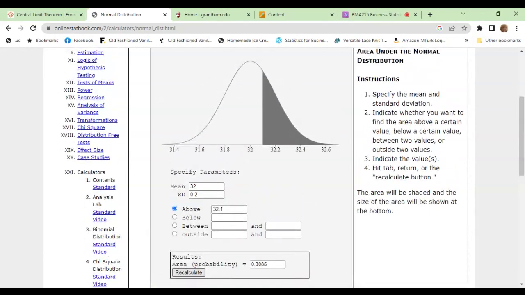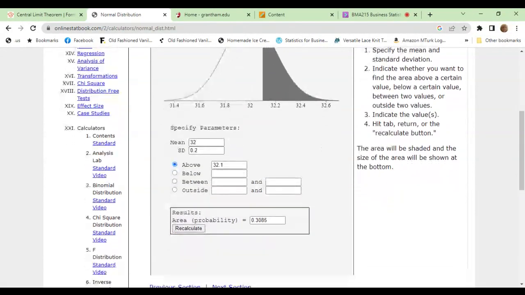And look at the picture. Okay, we didn't have to find the z-score. The mean's in the middle. 32.1 is on the x-axis right there. We wanted greater than 32.1, so that's to the right or above. And our answer is 0.3085, or actually, I want to say 30.85%.